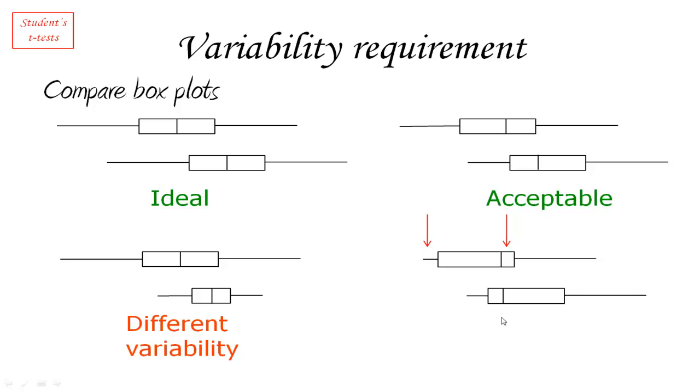So the variability is not spread out in the same way in both of the groups. Okay, so that's one problem. The other problem is that this reveals a very strong asymmetry, which tells us that probably we don't even have a bell shape here. Okay, so the box plots can allow us at the same time to test for the equality of variability as well as the bell-shaped requirements.